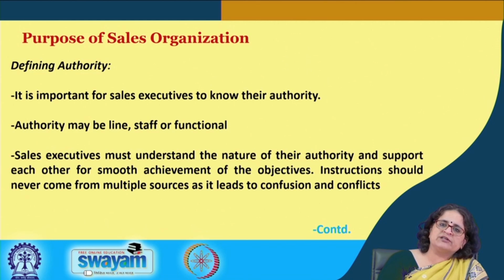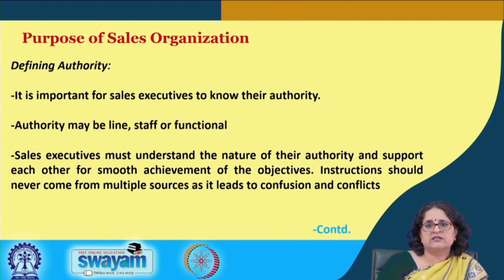And it is functional when it has to do with a product or an operational, or a specific function pertaining to the product and the operational. We will talk about this in the subsequent session, and it's very important for sales executives to know whether they have a line authority, a staff authority, or a functional authority.